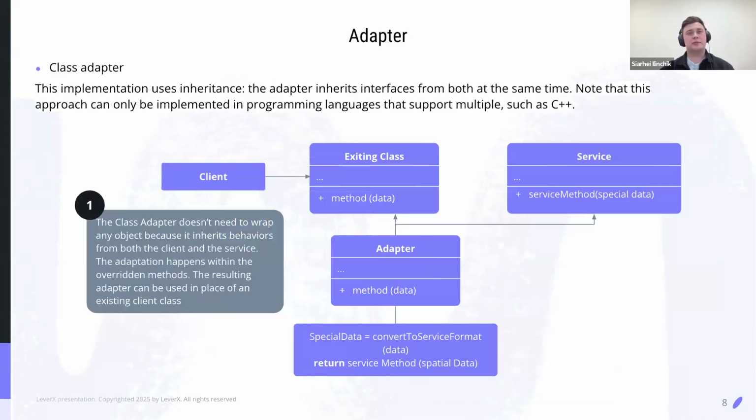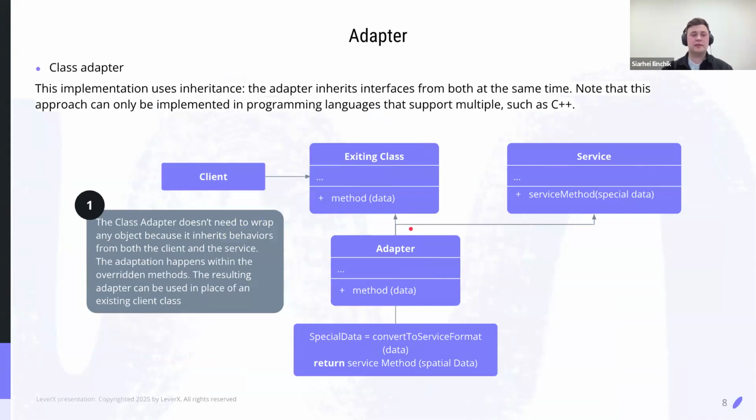The next pattern would be the structural pattern, adapter. So let's imagine you have a service which receives JSON data, but your client code has the data in XML format.